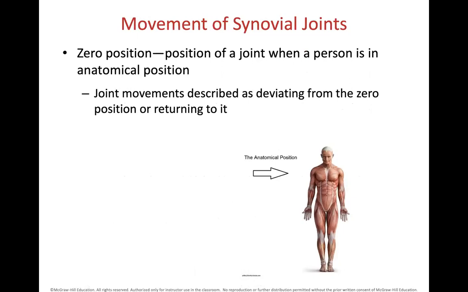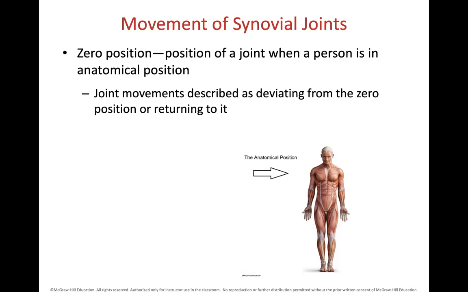Okay, so now we're going to get a little bit into some vocabulary dealing with movement. Since we're talking about joints, joints allow us to move, so we're going to talk about some of the terminology dealing with movement of the body. First, anatomical position in reference to these movements is called zero position. Zero position is what we're going to start with.